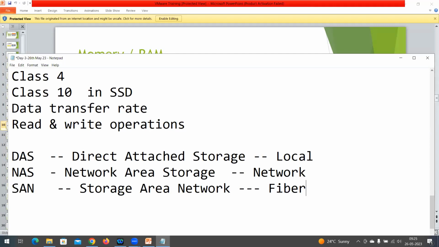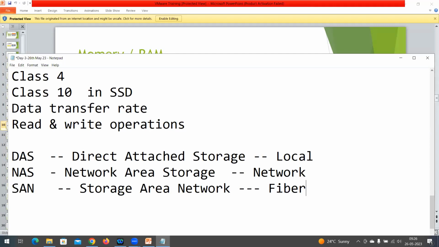For example, my local disk, whatever it is attached directly to the server, if it fails, my file server is running on that server, and every user is saving the files on that local storage. What will happen if the local storage fails? I'm going to lose the data, right?